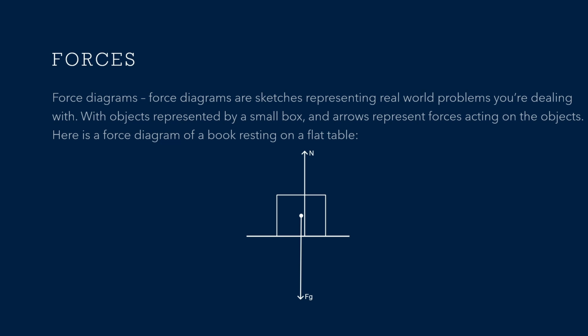The first force is the gravitational force, and the next one is the normal force. That is the force that we previously defined as the force that is exerted by a surface on an object that is in contact with it, and hence a book resting on a table experiences 2 forces, gravitational force and normal force, as you can see in my diagram.